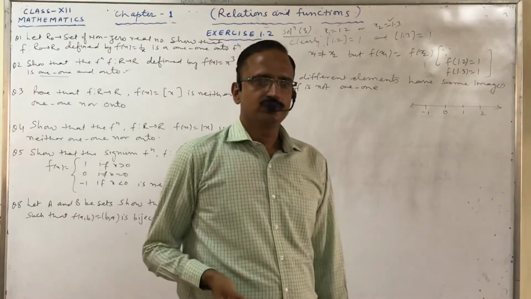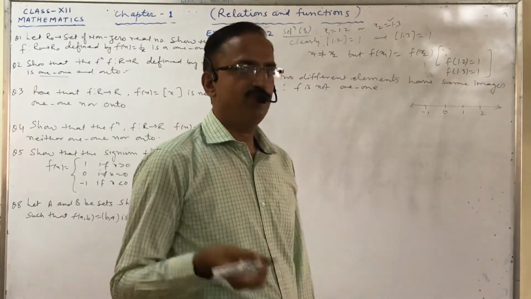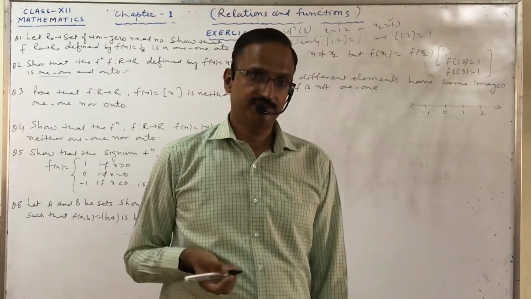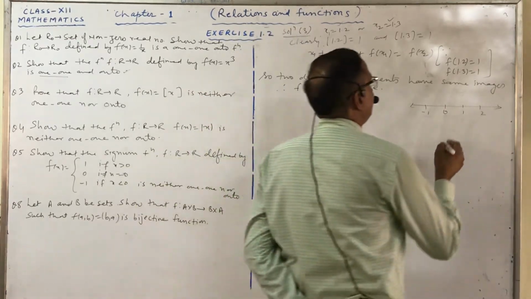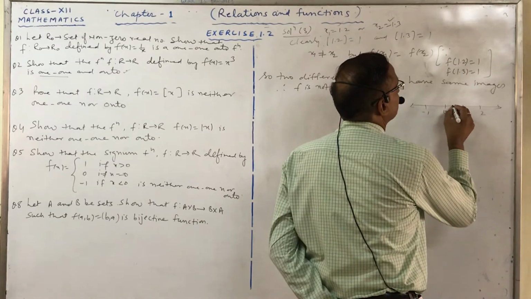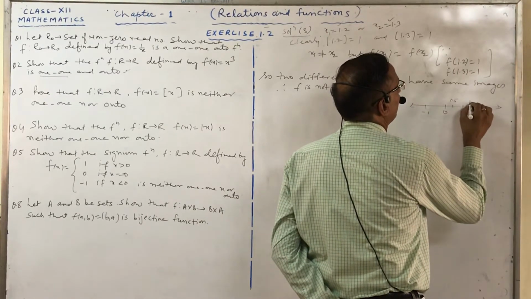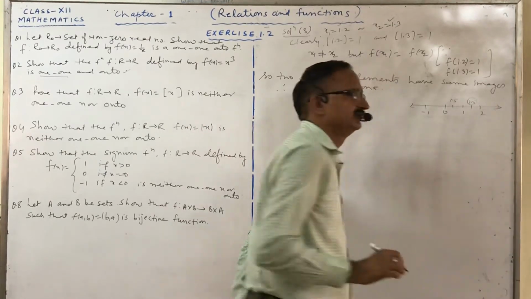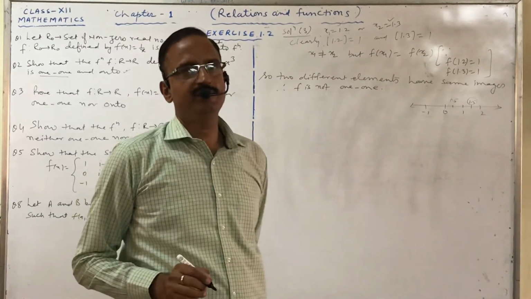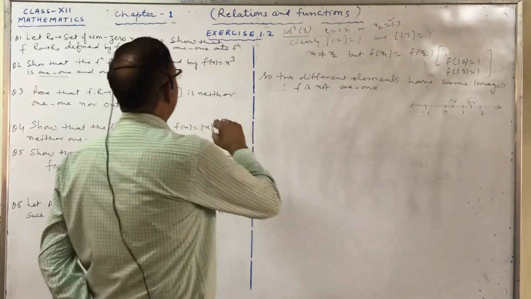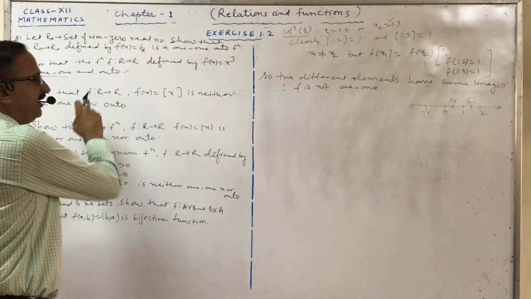We have so many other numbers in the form of fractions, decimals, irrational numbers. Suppose we have 0.5 or 1.5. Now 1.5 is not the image of any number in the domain.